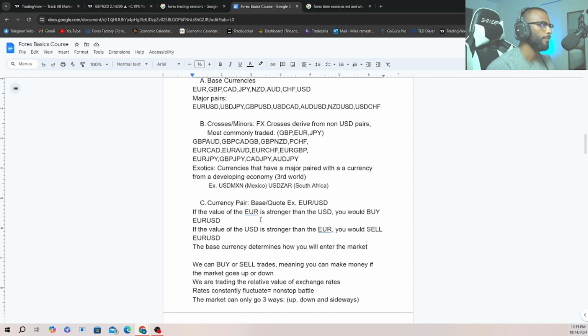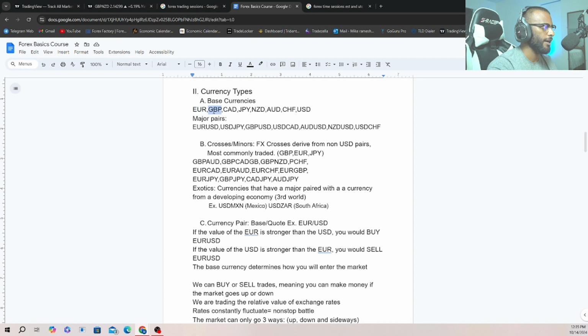Pretty straightforward. In this case, guys, the currency pair, the first three letters that you see in the pair, like in this case, for example, is what we call the base currency. So you see up here, base currencies, right? You're going to see this right down here in the example. So we're just going to use EUR/USD, euro dollar, because it's the easiest example.